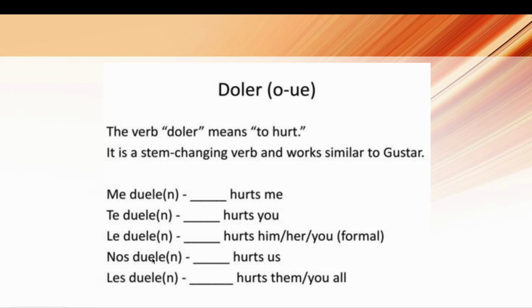And you could do the same thing. Remember, when you're having nos, you're talking about we. And this is all hurt. So no duelen or no duele, and les duele or les duelen. This is referring to who it's about, but then you're changing it from duele to duelen based on how many things you're talking about. So is it one leg, two legs, one eye, or two eyes?